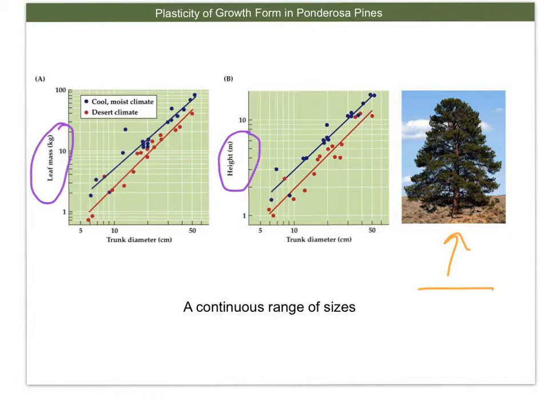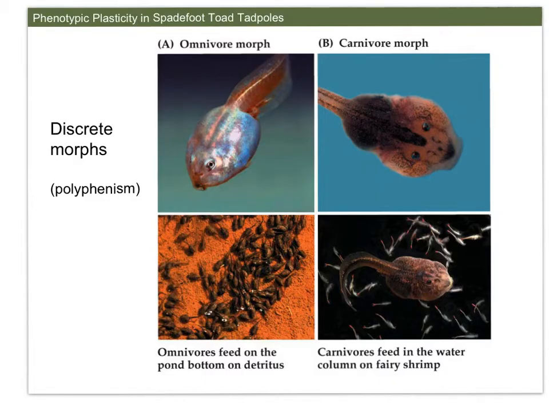So in ponderosa pines, the range of phenotypic plasticity involves a very continuous range of sizes, a very continuous degree of plasticity. And as we're going to see, there are species that have more discrete shifts in plasticity.